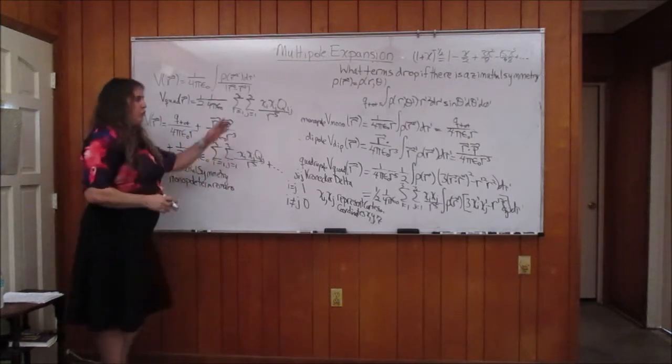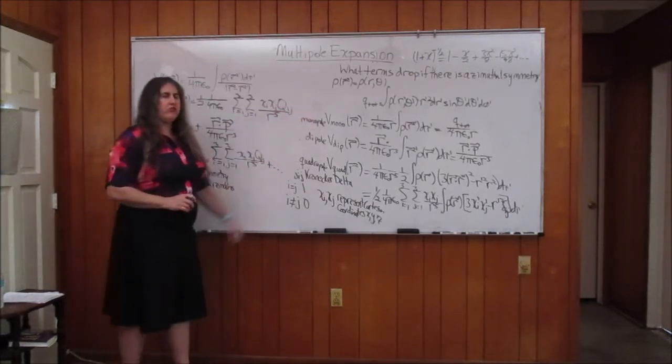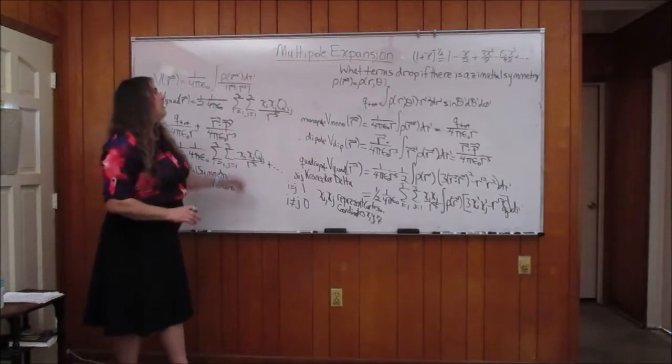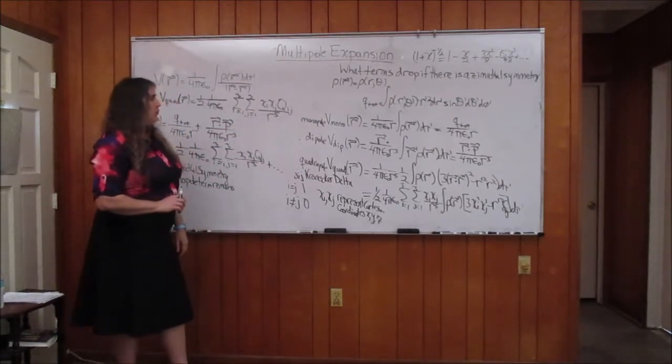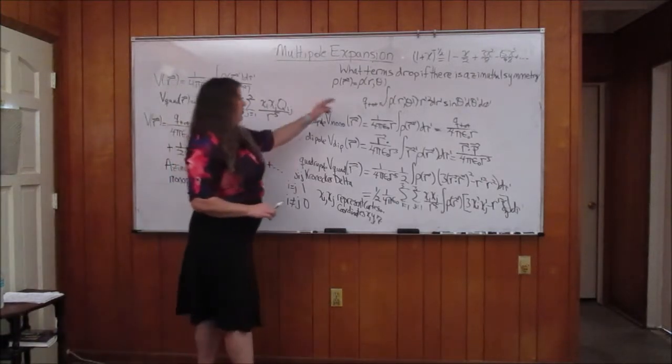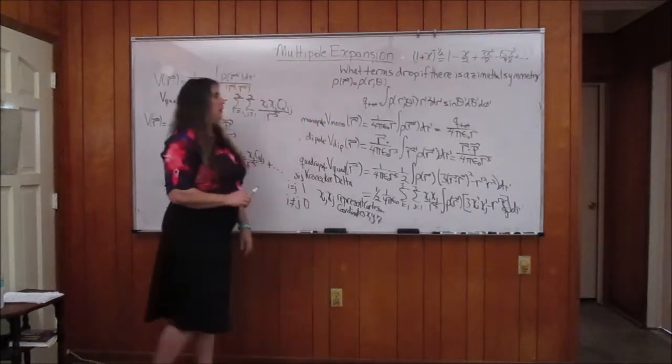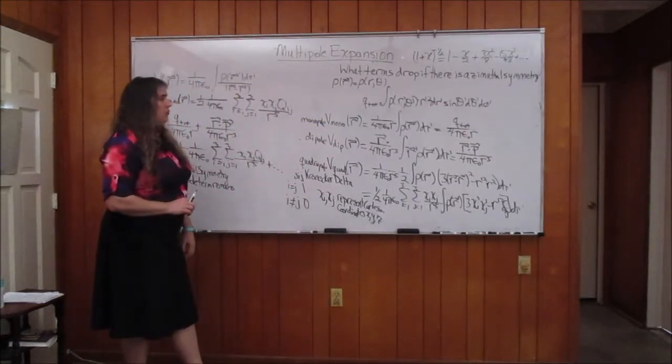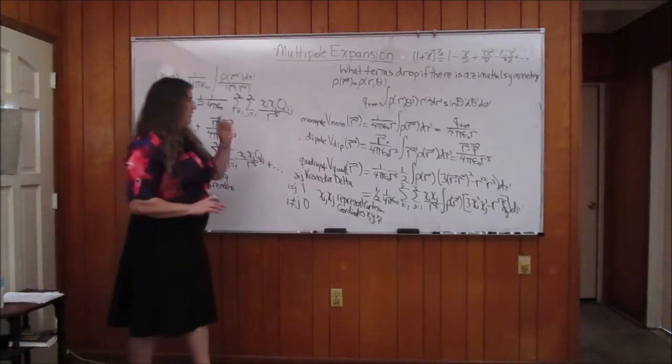And it will be non-zero, of course, only if there is net charge in the system. If the total charge in the system vanishes, then the monopole term will vanish as well. But generally speaking, the monopole term will certainly be there even when there is azimuthal symmetry. Okay, so that's one down.